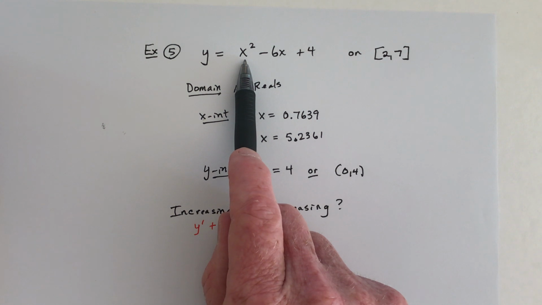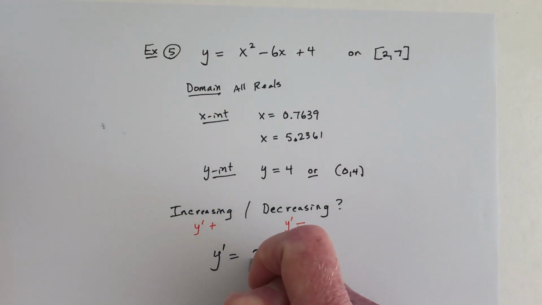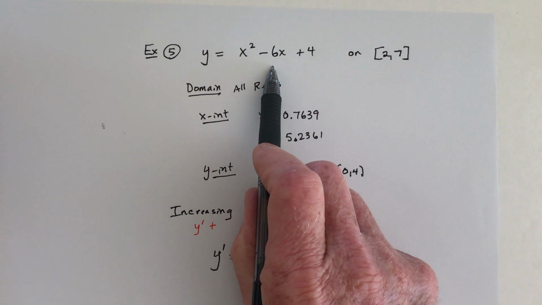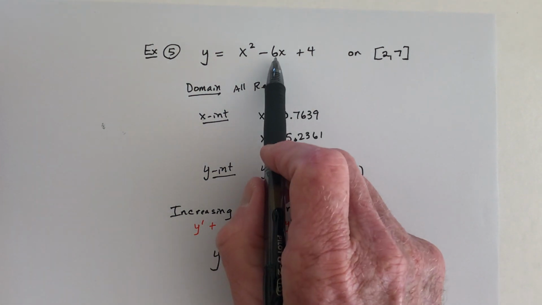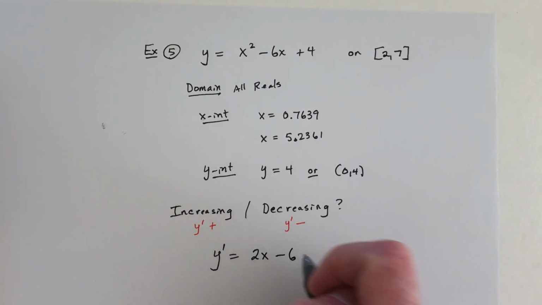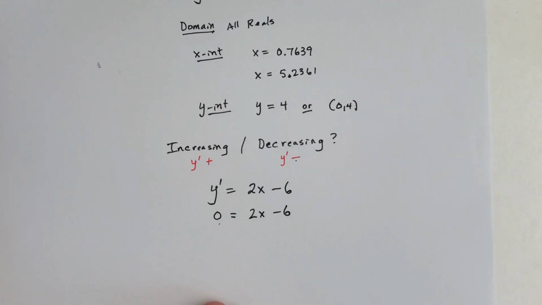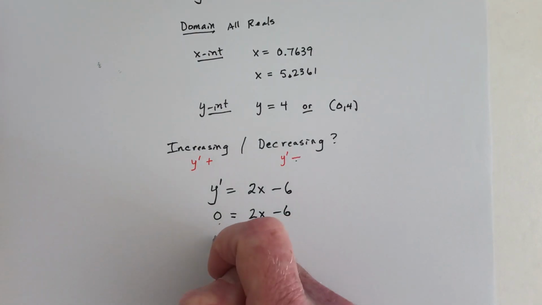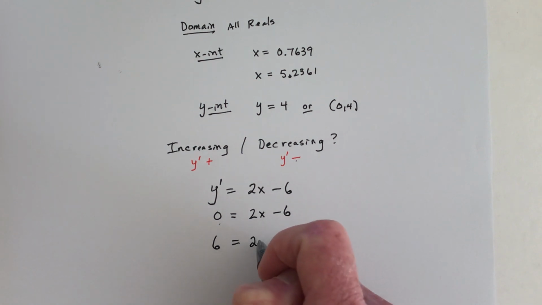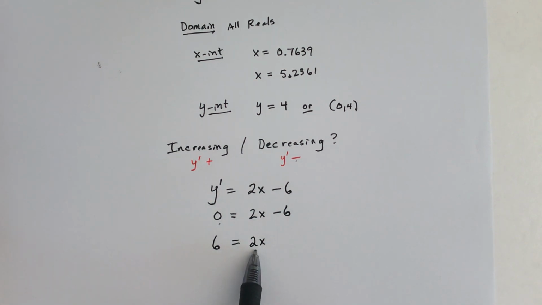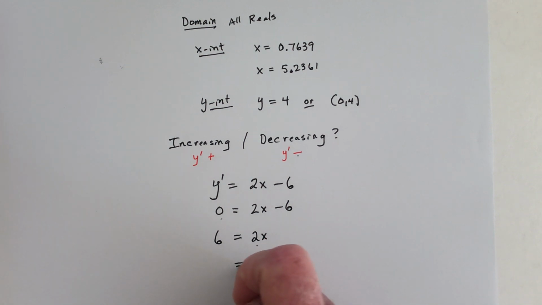So the derivative here is going to be 2x. And the derivative of minus 6x is just going to be minus 6. And then set it equal to 0, because what separates the positives and the negatives is 0. And then I could just add 6 to both sides. So this is going to become a positive 6 on the left. And then to solve for x, just divide by 2. And 6 divided by 2 is 3.